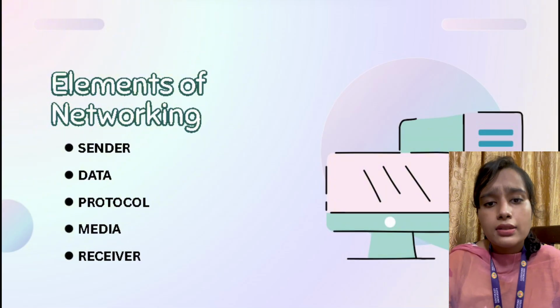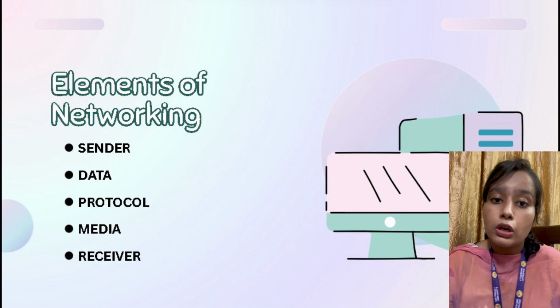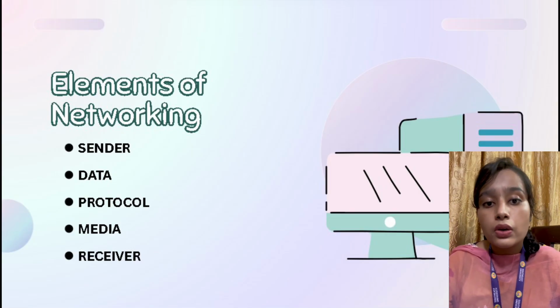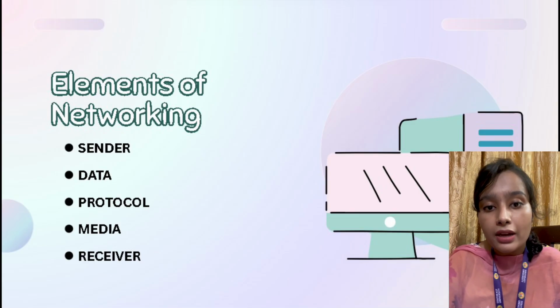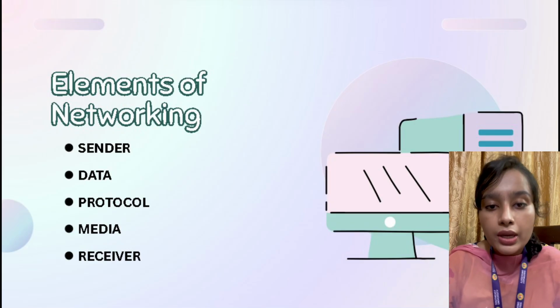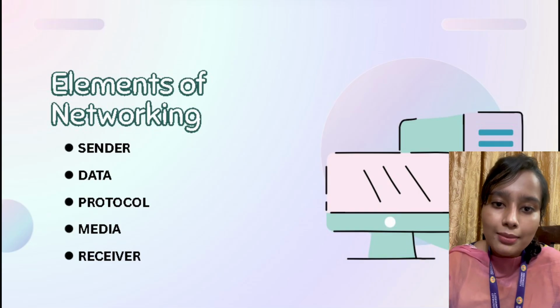There are some elements of networking. They are important for computer networking because without elements, computer networking wouldn't run. These elements have great impact for computer networking. There are 5 main elements of computer networking. They are sender, receiver, data, protocol and media.